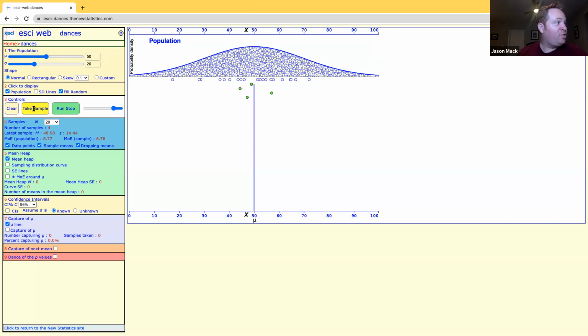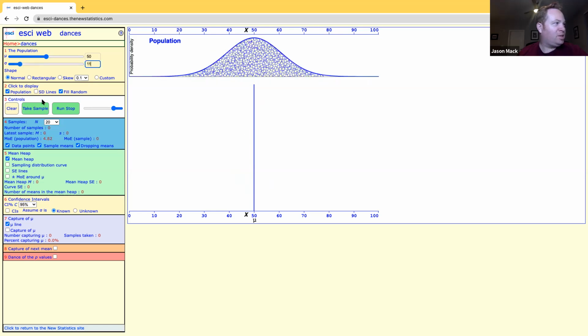your mean of your sample tends to reflect the population. Now, as you can see, it stays pretty close to the mean. Now, part of the reason that it differs a little bit is that standard deviation. So if we make this a little smaller, let's say 11, and start again, as you can see, we're taking a sample of the population mean, but look, the mean of the sample stays very, very close to the population mean.